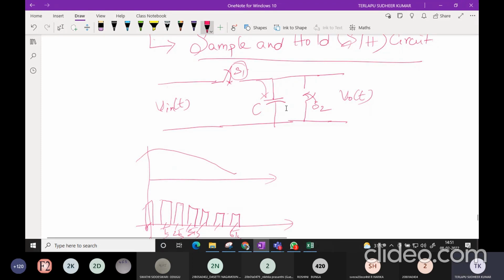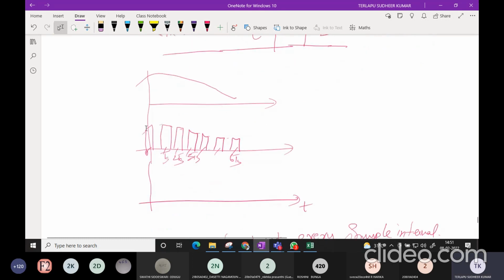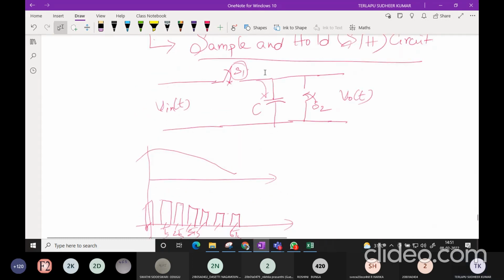So when the capacitor is fully charged to whatever the sample interval value is, that value will remain as it is at the output.